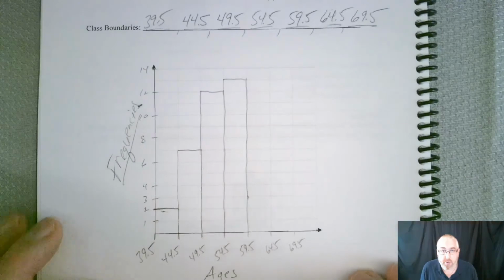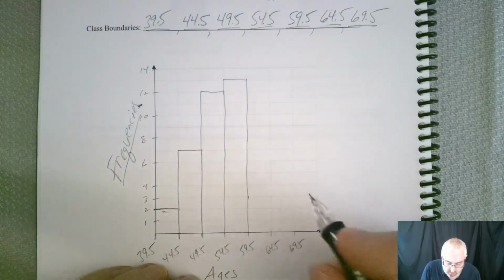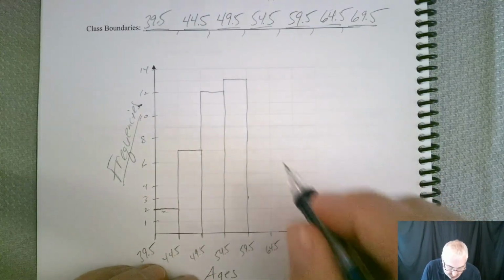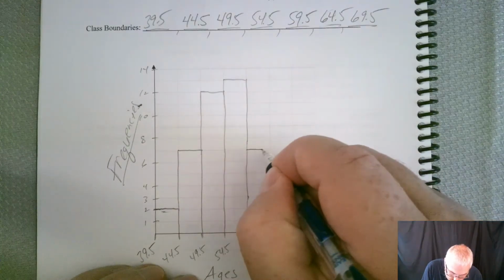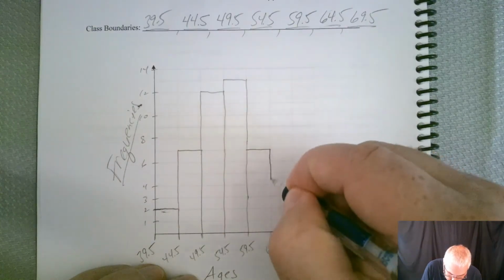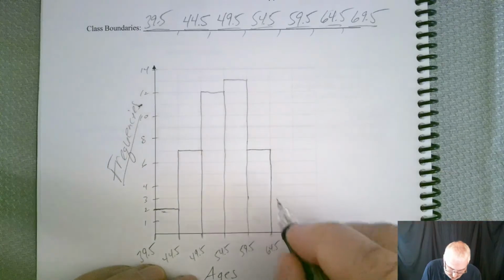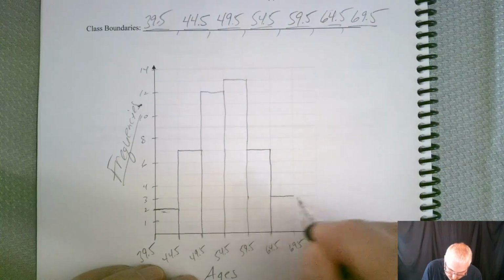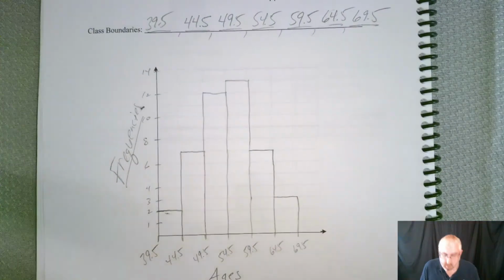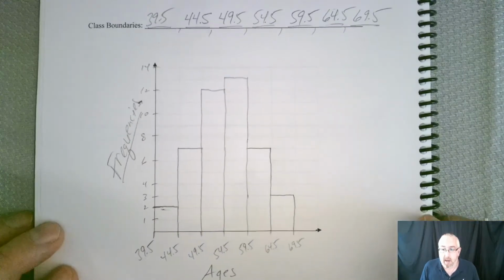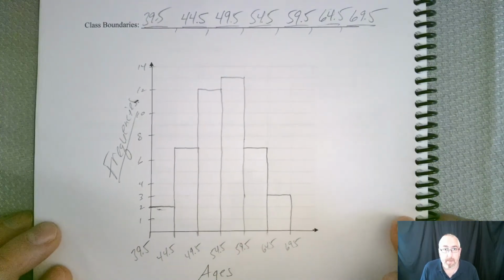Now, if you're a really bad drawer, you can use rulers, obviously, and make it pretty. And then another 7. And then a 3. And so there we have our histogram.